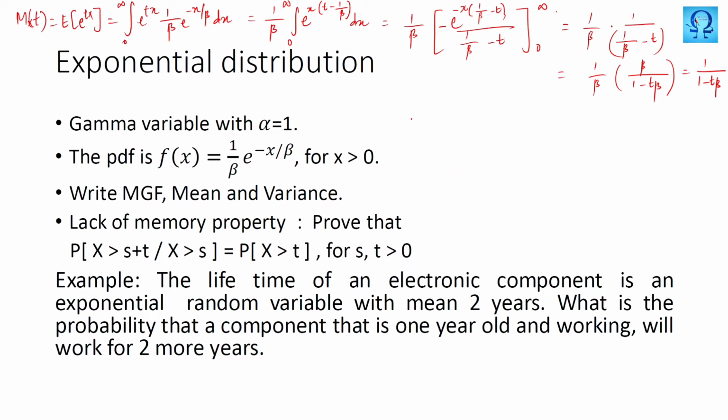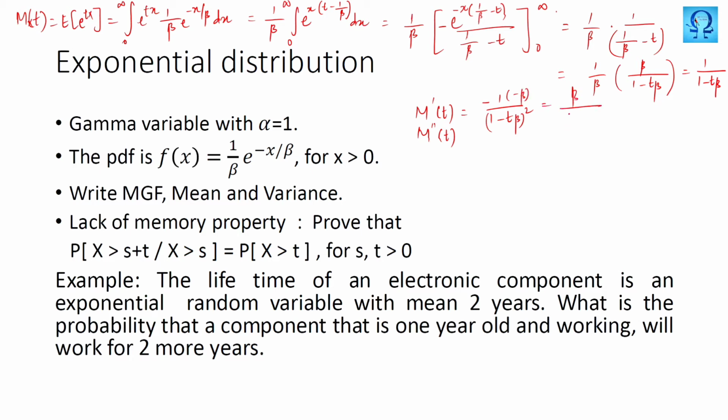For the mean, we will have to just differentiate it one time and then a second time. When we differentiate it one time, what do we get? We get minus 1 upon 1 minus t beta whole square, product with minus beta, isn't it?